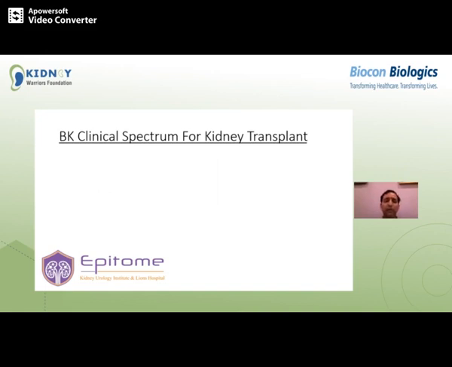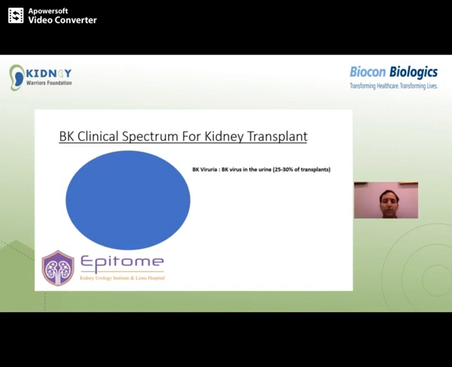So now let's look at how BK virus would present in kidney transplants. There can be BK virus that is only in the urine, just as it can be in healthy adults. It can also be in transplant recipients. So 25 to 30% of kidney transplant patients will have BK virus in the urine. By itself, it doesn't mean that it is causing damage in the kidney. Then a smaller percentage of the people who have BK virus in the urine will have BK virus in the blood.